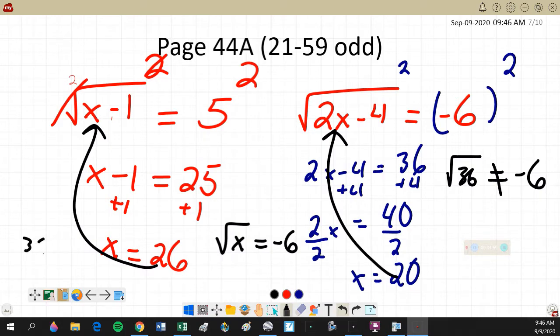If I tried 36 and I square root it, what will I get? 6. That didn't work. What if I tried negative 36? Then you get 6i. Still doesn't work. You could move the negative to the other side, but then you're going to run into the opposite problem: the square root of x equals 6. This is just a situation with no answer.